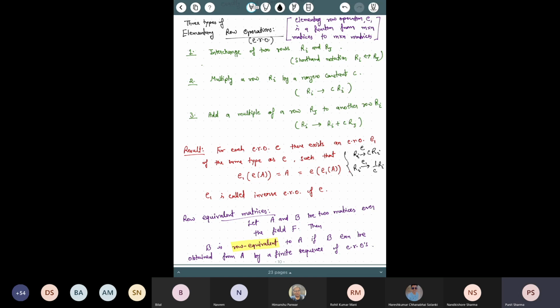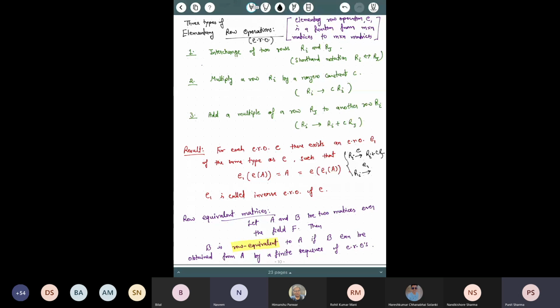What about the last one? So for the last one, E is Ri goes to Ri plus CRj. This is your E. So what would be E1? Ri goes to where?